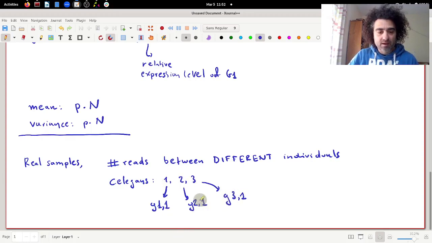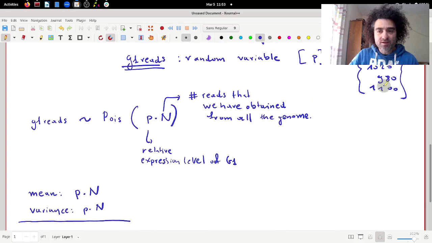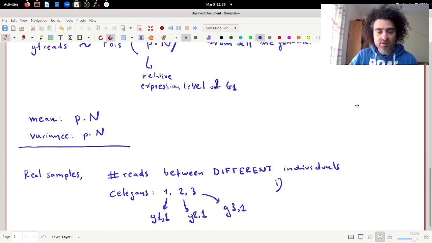Okay, and a part of the difference between these measurements is because we repeat the experiment 3 times. So we see here that we get different realizations of this Poisson process. One time we get 1000, the second time 1020, the third time 980, and the fourth time 1100.